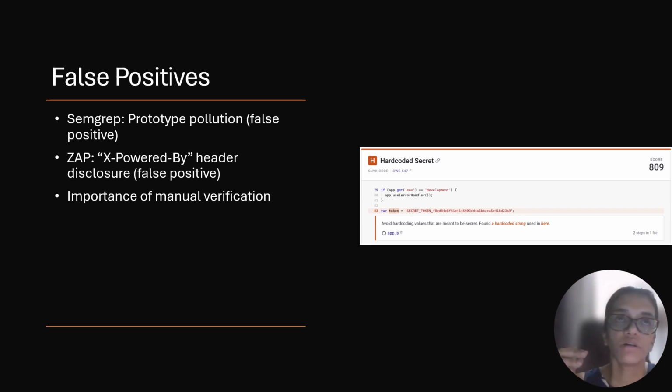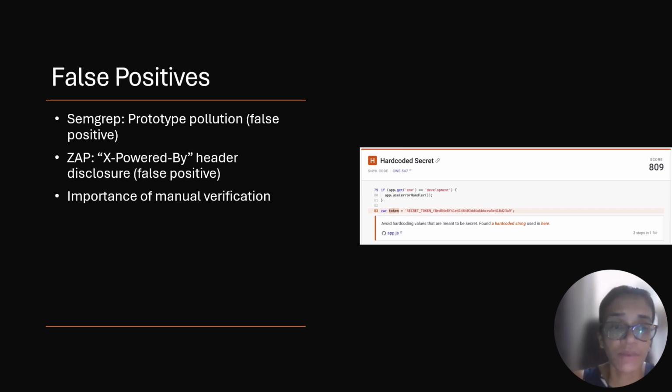One of the key things in security testing is dealing with false positives. Automated tools often flag issues that look suspicious but are not actually issues in the given context. In my project, Semgrep reported prototype pollution vulnerabilities and even a regex denial of service pattern. However, after checking the library version and usage, I confirmed these were already patched.